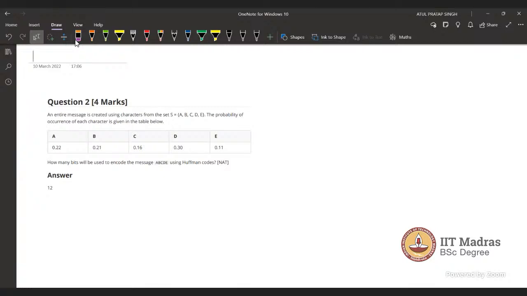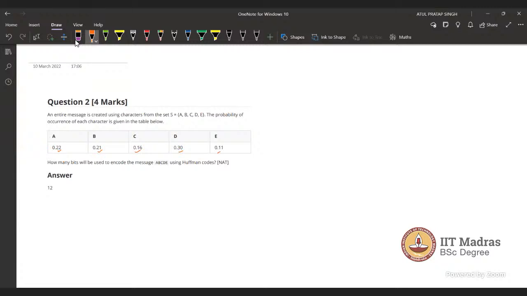Okay, so the question is given. We have 5 characters and the probability is given for each character. So we will create a Huffman tree for that. We can consider these as the frequencies for our characters.